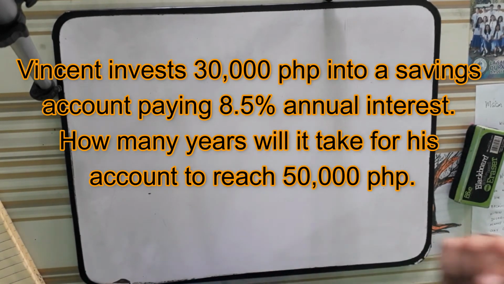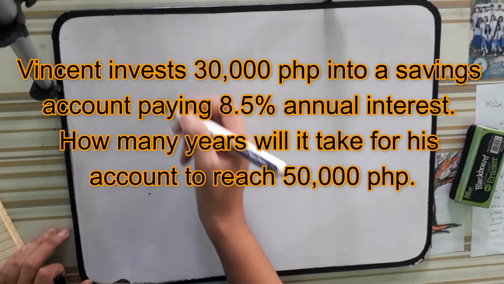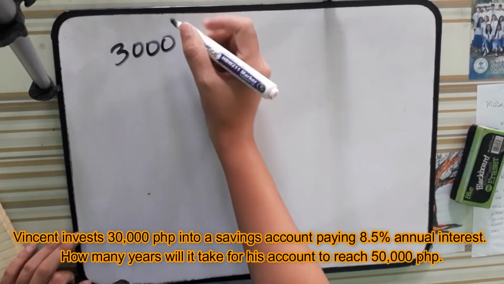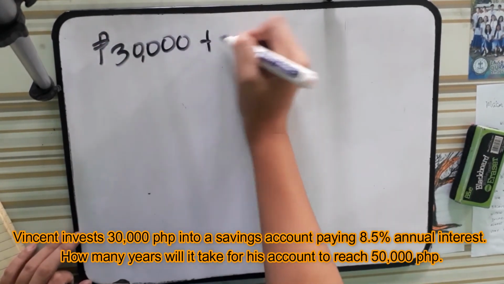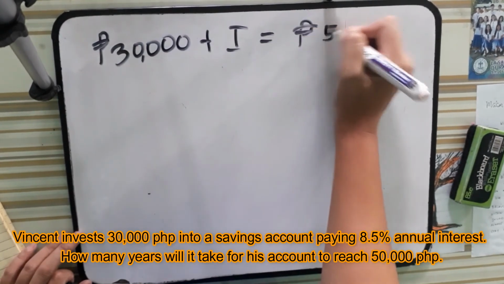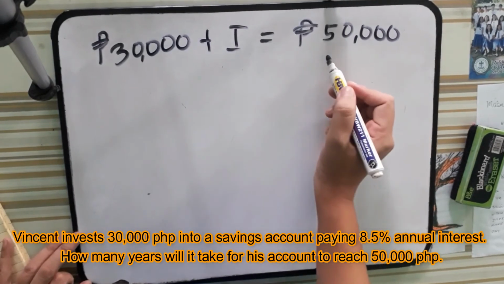So the amount is already given, and we are looking for the interest. We need to do this first: 30,000 pesos plus our interest is equal to 50,000 pesos, because the total amount, as stated a while ago, is 50,000.